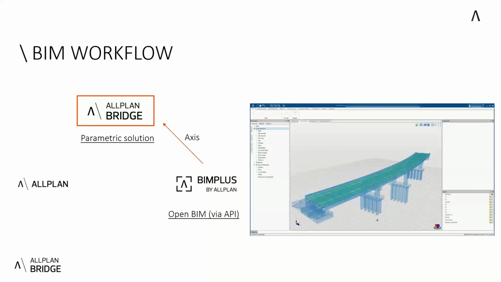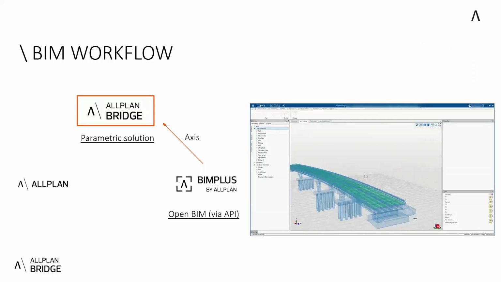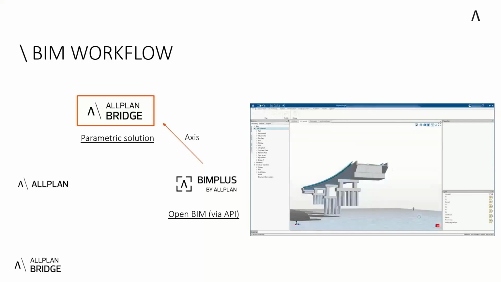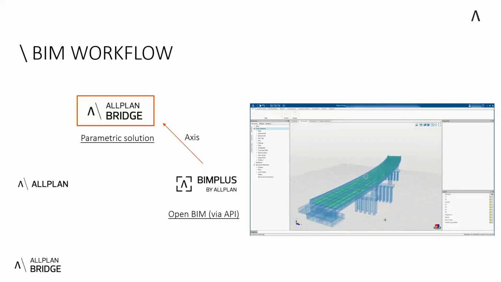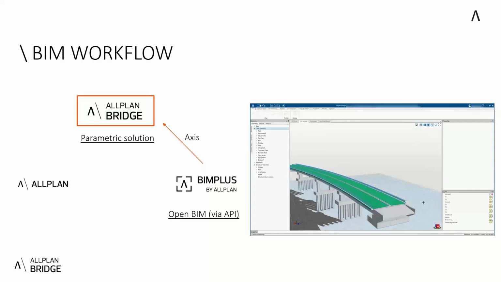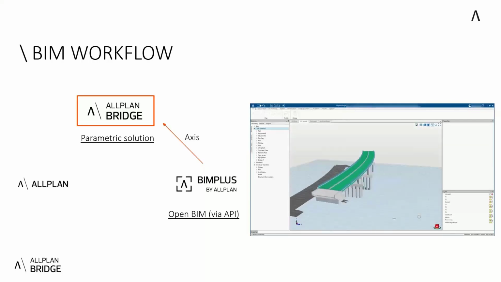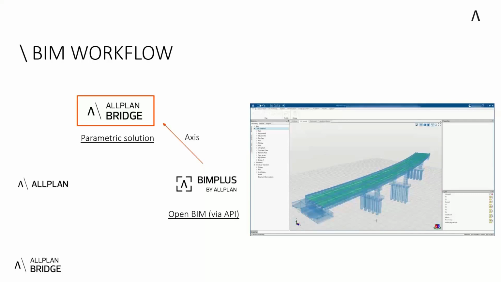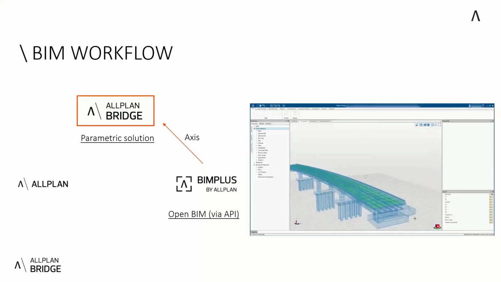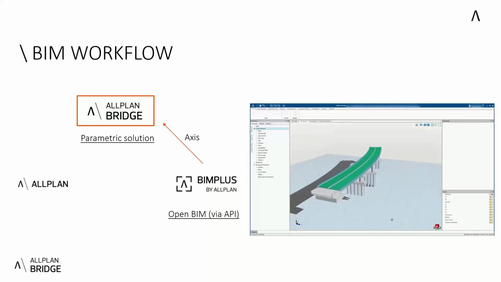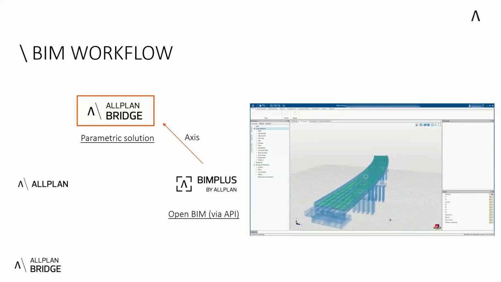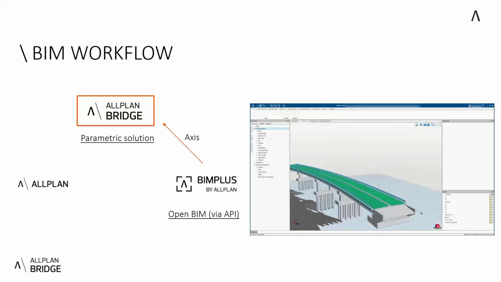In our case, we have an axis from BIM Plus. Using that axis, we were able to create this bridge. This is a 4-span precast girder bridge, as you can see. It was easily created using the axis from BIM Plus and the parametric solution of Allplan Bridge. If I change the axis, this bridge will also adapt to the new axis. That's what we mean by parametric as well.